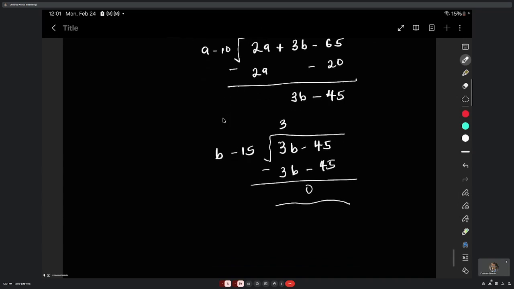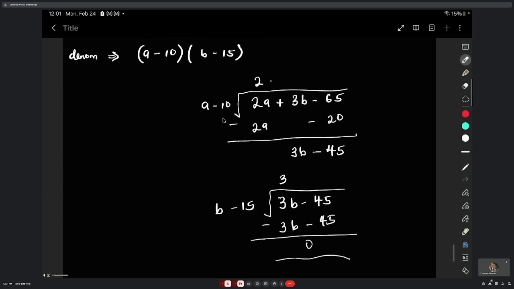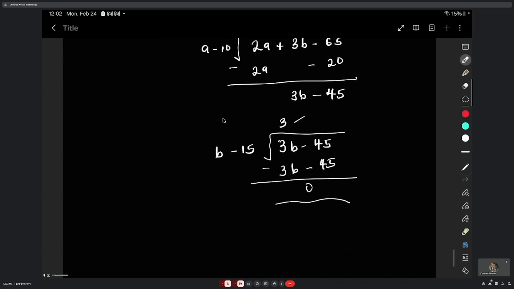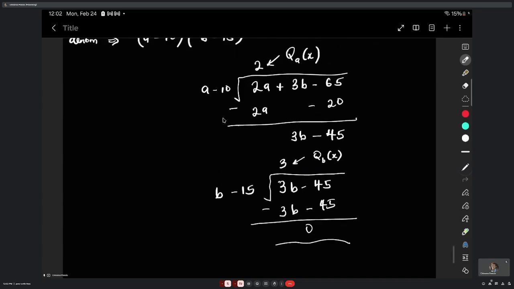So this is our quotient of X with respect to A, and this is the quotient with respect to B, right?